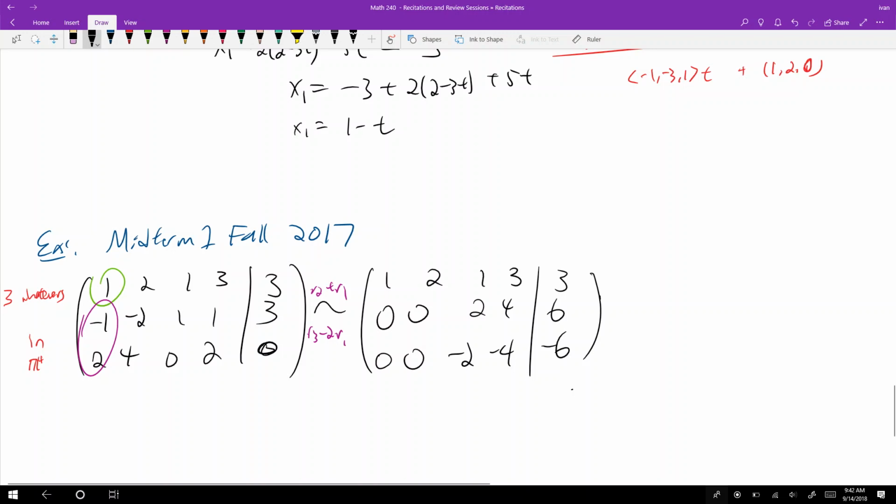All right, and then I'm gonna do something that I like to tell people not to do, but I'm essentially gonna kill the last row while simultaneously changing the row I used to kill the last row with. Sometimes you get computational errors, but in this case it's fine because we see that the last row gets killed, and we can just factor out a 2 from that middle row. So I'm just gonna do both simultaneously.